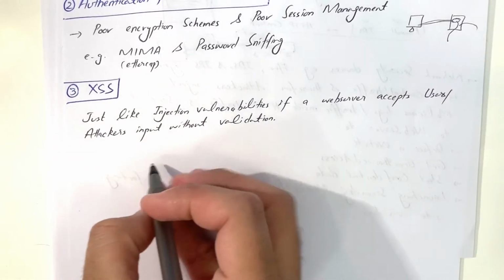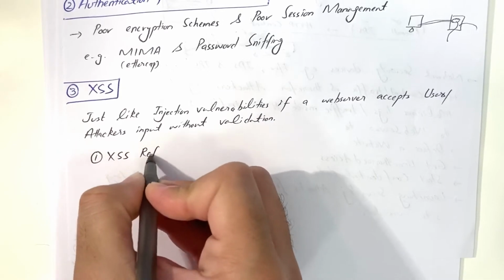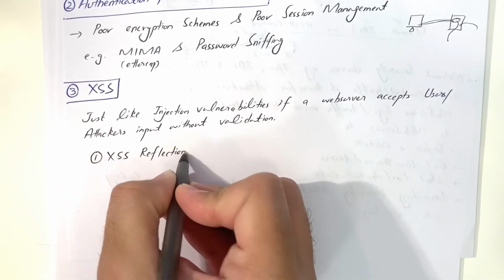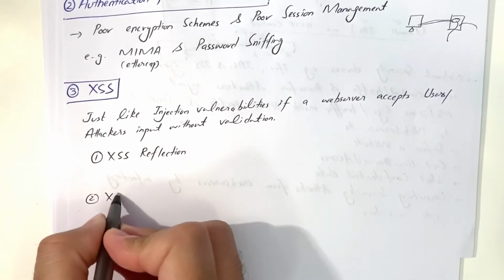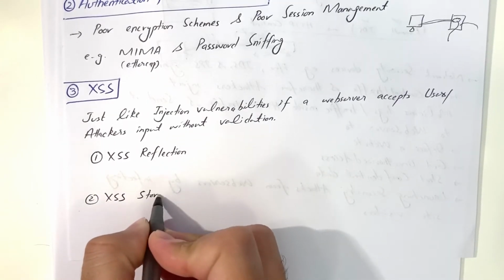There are two types of cross-site scripting. One is called cross-site scripting reflected. Second is called cross-site scripting stored or persistent.